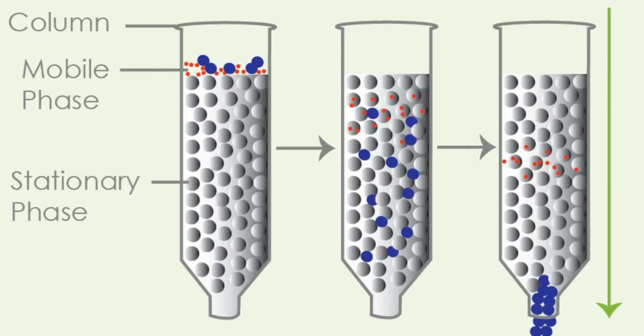So chromatography consists of a mobile phase, which is the solvent that passes through the column, which can either be a liquid or a gas, and a stationary phase, which stays in one place within the column, allowing for the separation within a mixture of molecules.